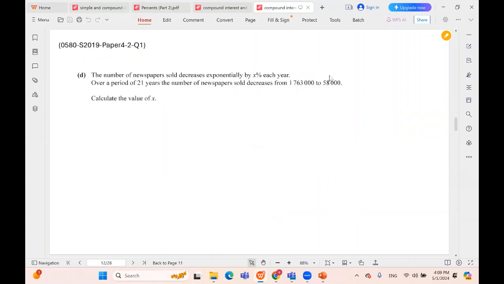The number of newspapers sold decreases exponentially by X each year. Over a period of 21 years, the number of newspapers sold decreases from so and so to so and so. Calculate the value of X. So again, this here is the present value, this here is the future value. F equals P times 1 plus R to the power of N. So the future value is 58,000.